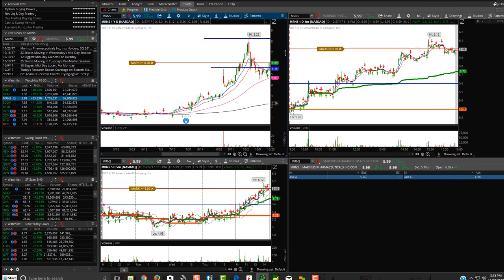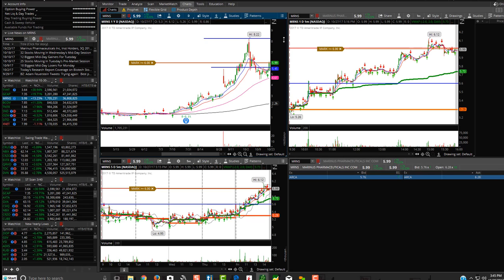You don't know how far it's going to run, but you want to have a target area. Could MRNS get up to $7? Is there room for it to run up there? If MRNS has a chance to get up to $7, and is at $6 now, there's, let's say, $1 potential that it can run, right?